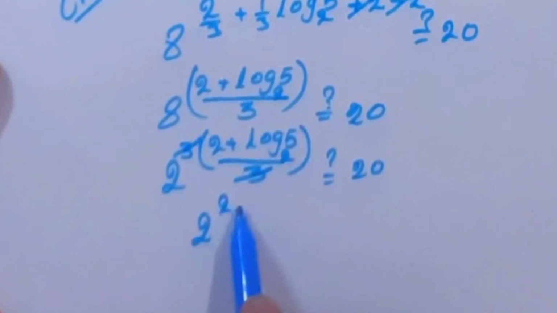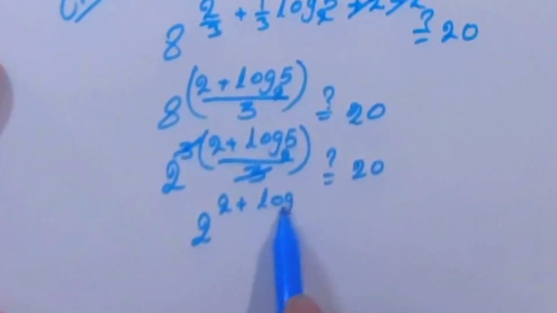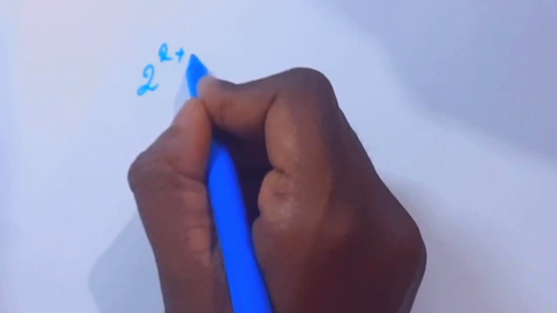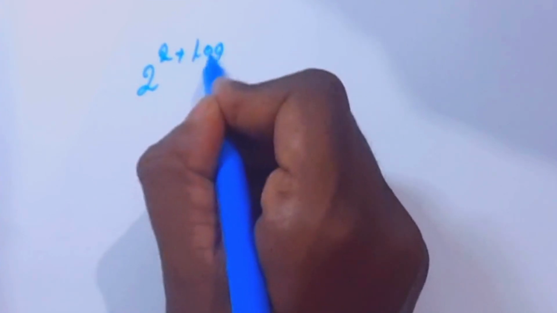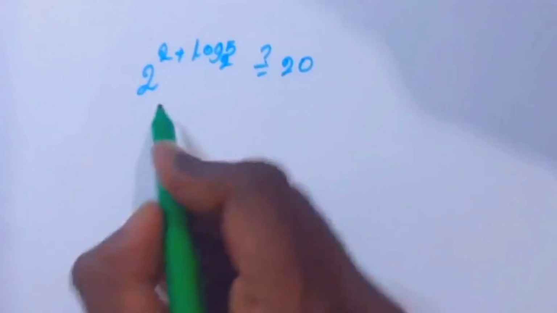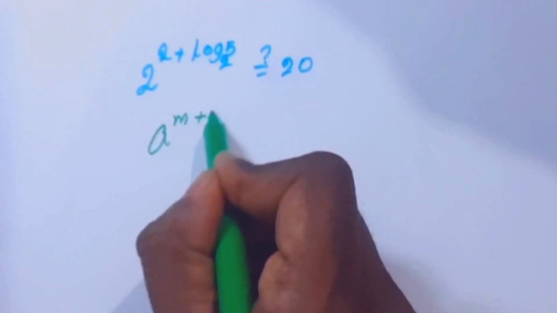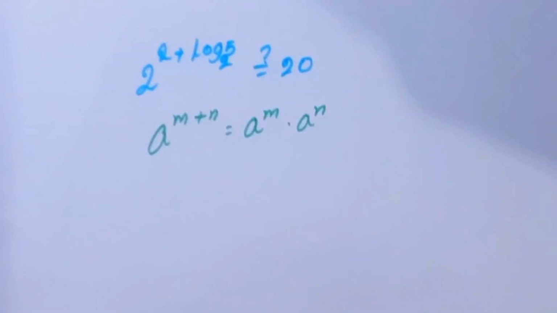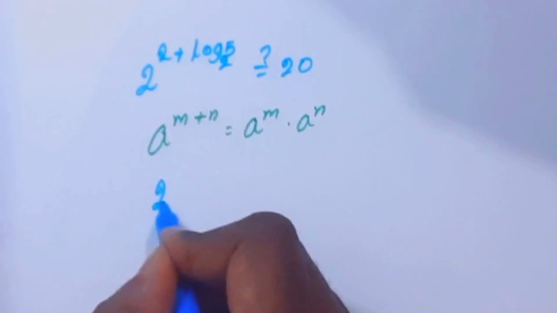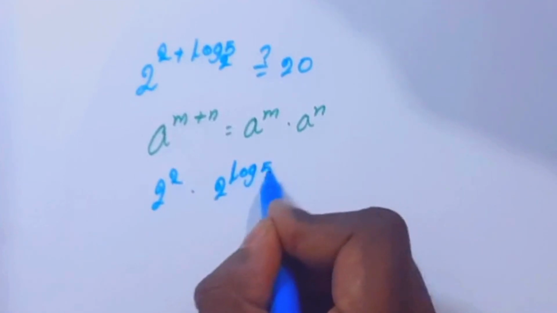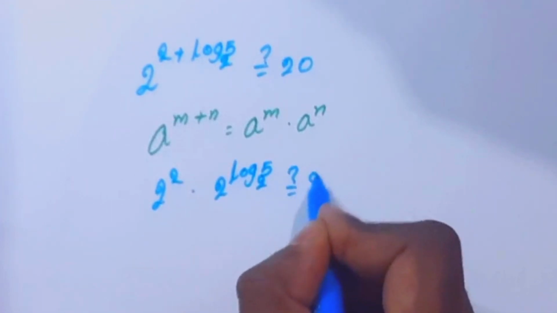2 power 2 plus log 5 base 2 equal to 20. a power m plus n equal to a power m times a power n. We are going to apply this here. So 2 power 2 times 2 power log 5 base 2 equal to 20.